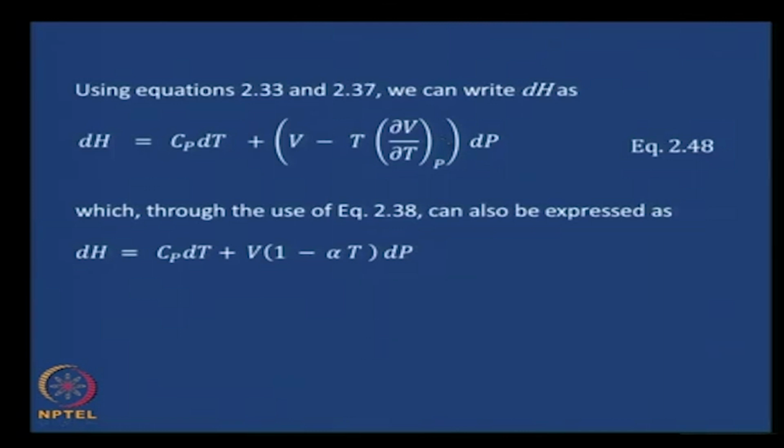Expansivity was 1 by V ∂V/∂T at constant P, and therefore you could replace this with V minus alpha V T, and if you take V common out, you will get V into 1 minus alpha T times dP, and of course the Cp dT remains here, which equals a total differential. Let us call this equation 249.